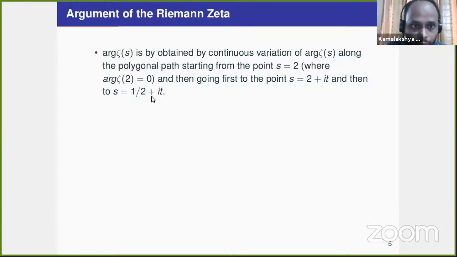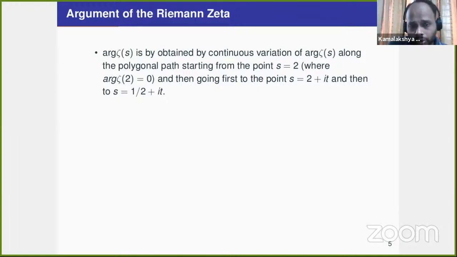Suppose you want to define the argument on the line half plus it. Along this path we vary the argument continuously. We define it to be a continuous function along this path, starting with 2, going to 2 plus it, then to half plus it, and whatever value we reach at half plus it is the value of the argument of zeta at half plus it.